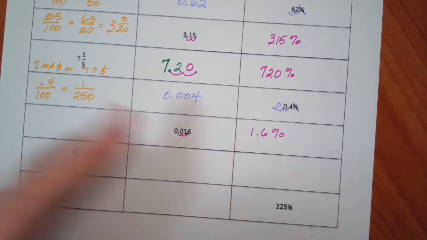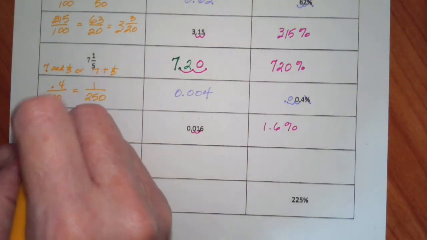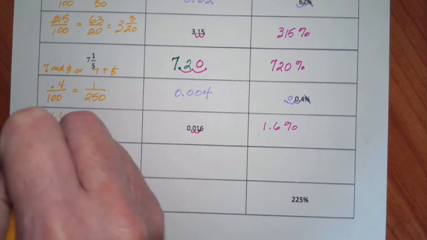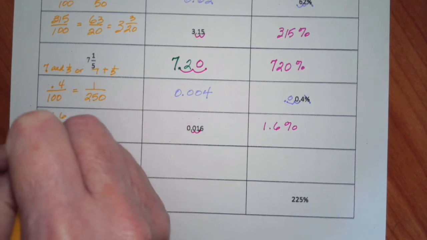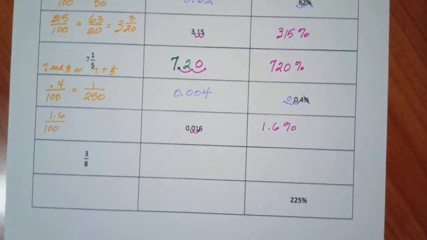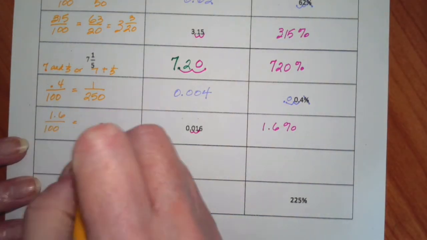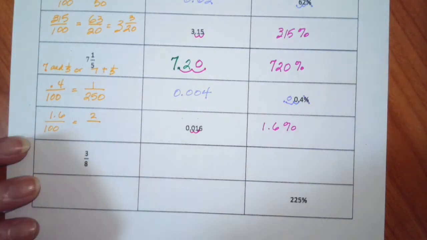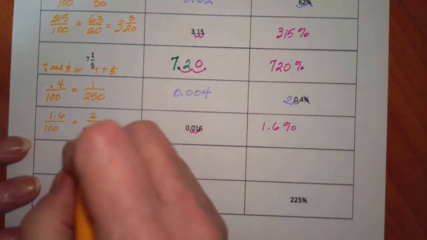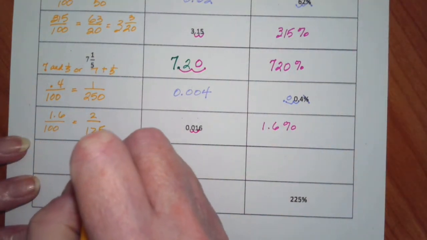Then if I want to turn this into a fraction, this gives me 1.6 divided by 100, and that reduces to 2 over 125.